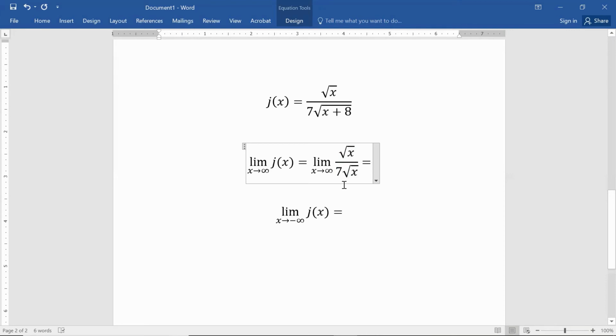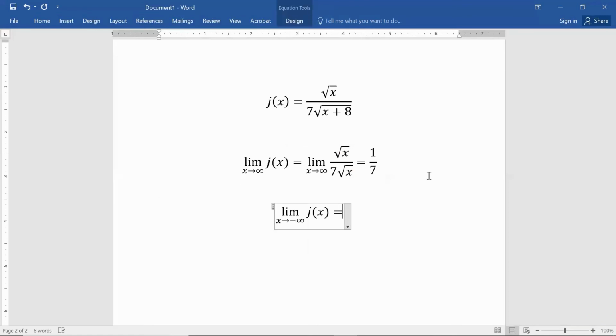So essentially, we have the same degree, although they're both to the 1/2 degree. And we can say, therefore, that limit is 1/7.